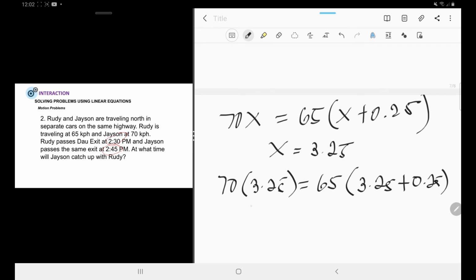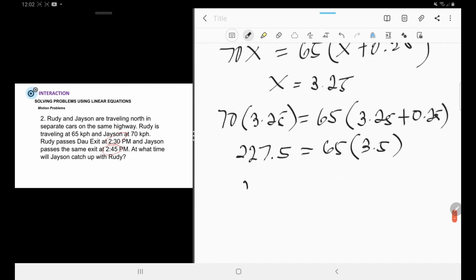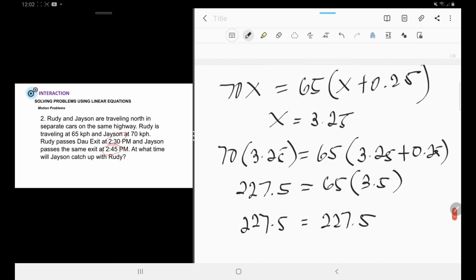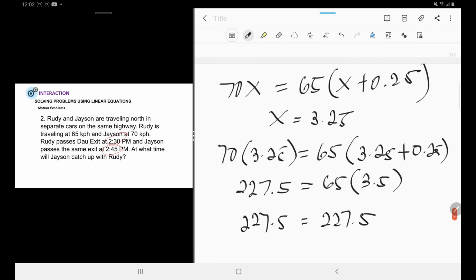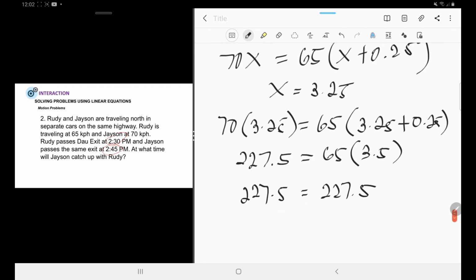So 70 times 3.25 is 227.5, and 3.25 plus 0.25 is 3.5. So 227.5 is equal to 3.5 times 65, which is also equal to 227.5. Meaning after 3.25 hours, both Jason and Rudy traveled 227.5 kilometers.